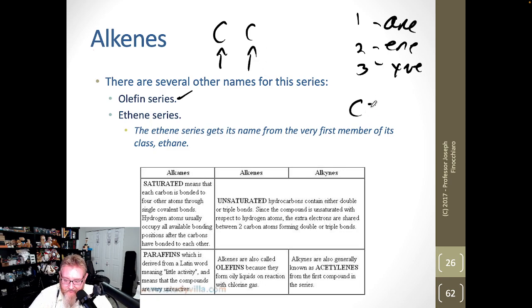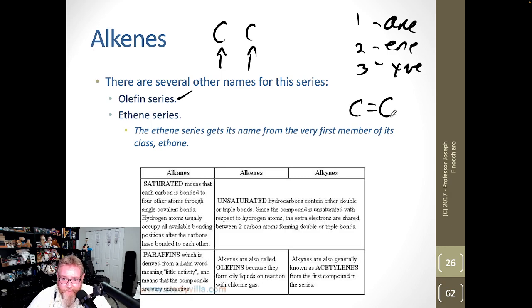You cannot have a double bond between a carbon and no other carbon and have it be an alkene. So methene does not exist. Okay? Methene does not exist. Ethene does. As a result, it's the first in the series.